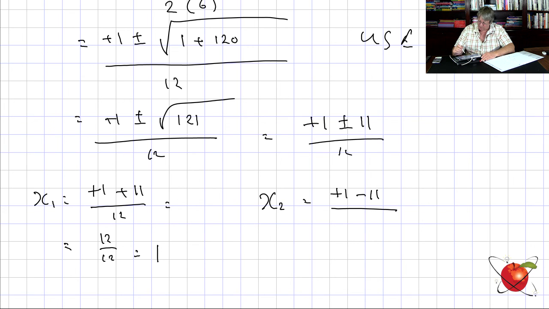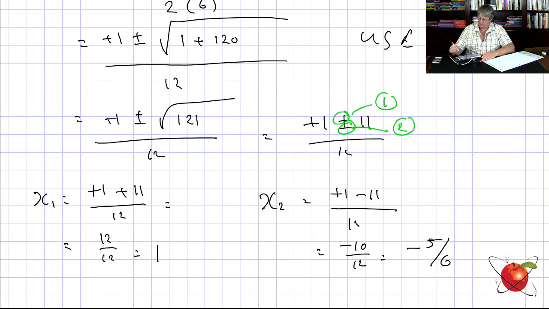Guys, here's our two options, right? There's the plus and the minus. That's number 1. This is number 2. That gives us x1 and x2. Over 12, plus 1 minus 11 is minus 10 over 12. And that simplifies to minus, divide both by 2, 5 over 6. Okay? And it is the same answer as the previous one.